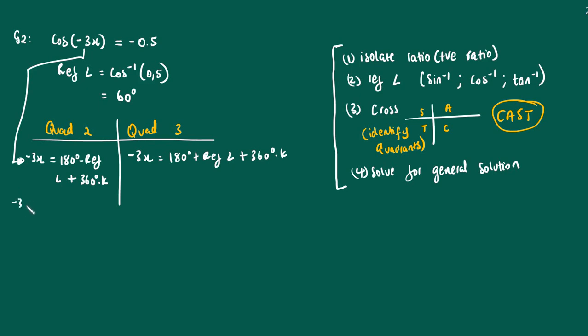So you have negative 3x being equal to 180 degrees minus the 60 degrees plus 360 degrees times k, right? Then this side you're going to say negative 3x would be 180 degrees plus the 60 degrees plus 360 degrees times k. So you would have negative 3x being equal to 120 plus.